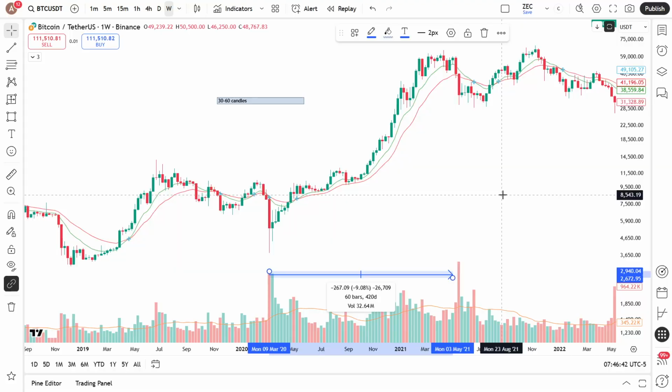So you tend to find that things take about 30 to 60 candlesticks on any time frame. If I'm observing this weekly breakout above the EMAs and I'm expecting a long-term weekly uptrend, then I should be, at bare minimum, expecting it to last 30 candles, maybe towards 60, sometimes a little more.